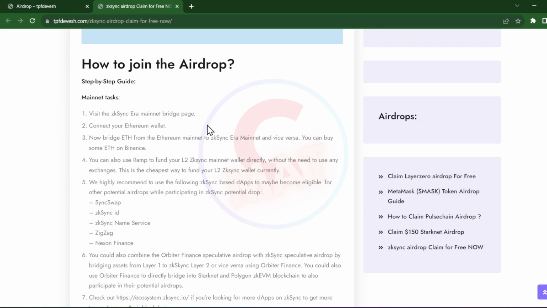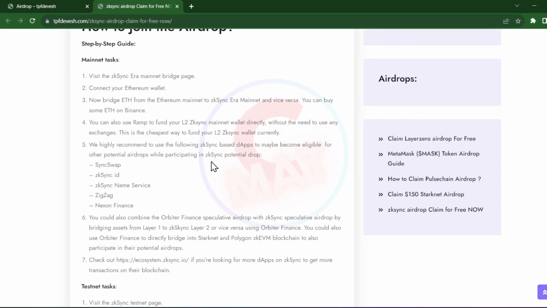You can also transact Starknet to Polygon, Polygon to Ethereum, Ethereum to Binance and BNB chains. Just use the bridges, and the more you transact, the more you participate in the mainnet. So this is how you will get tokens: the more you participate in mainnet transactions.